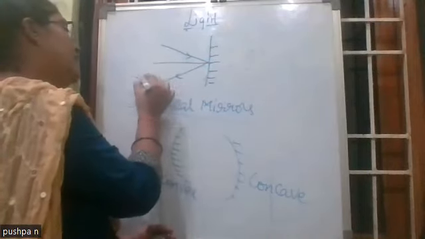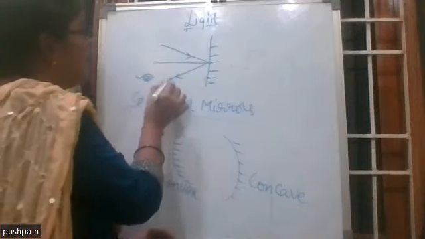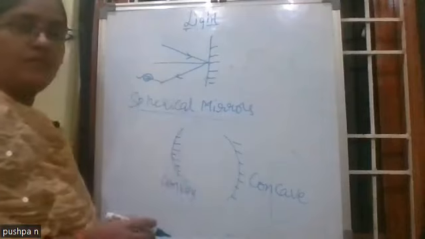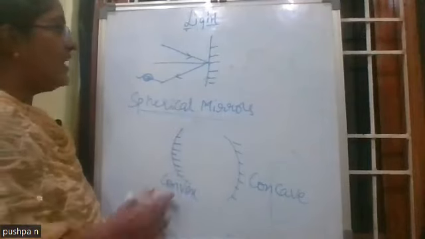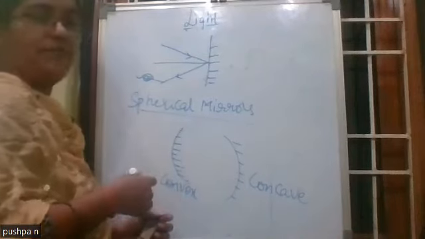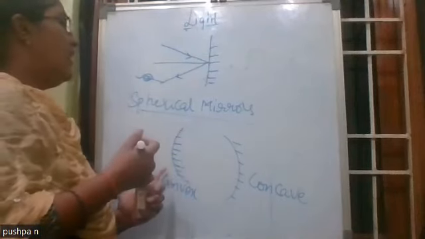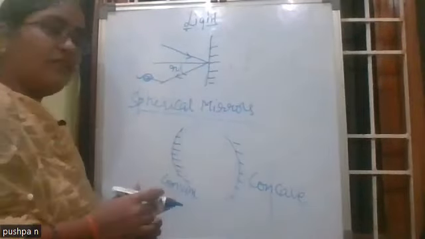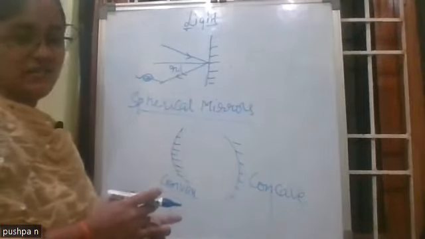The reflected ray will travel towards our retina. It will be incident on our retina. With that only we can observe the image of our face in the mirror. So it is again a reflection process. With the reflection only we can observe the image.